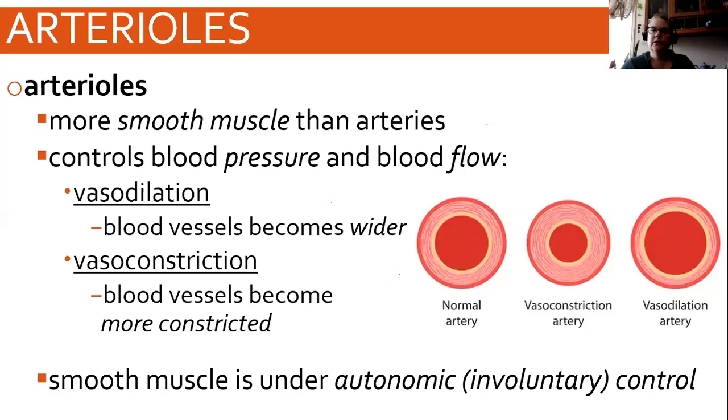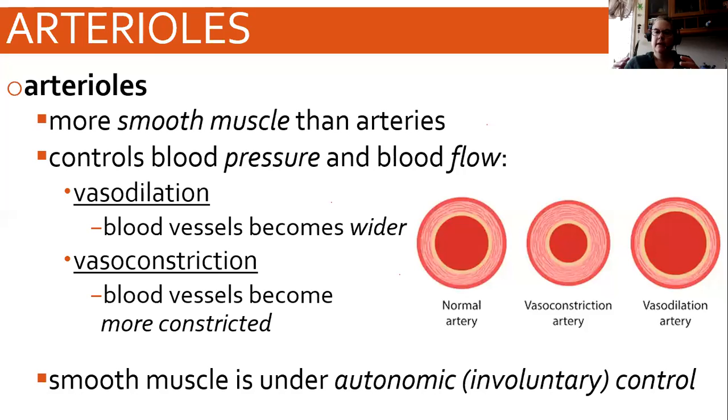You slam on the brakes, you barely miss them. But what's happening is we're going through that process as our heart's beating faster and our breathing rate is going up, right? All of this is happening. And what's going on with our blood vessels is our arterioles, our skin starts to pale because our arterioles constrict. So the blood flow to our skin gets constricted because we don't need our skin in order to deal with this high stress experience. So this is part of our fight or flight response.